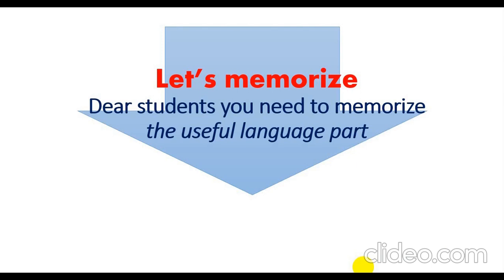On the useful language part. With the useful language part, you can build your own bank of expressions. You need to prepare ready expressions and memorize them to enable you to retrieve from your memory the suitable information at the suitable time.